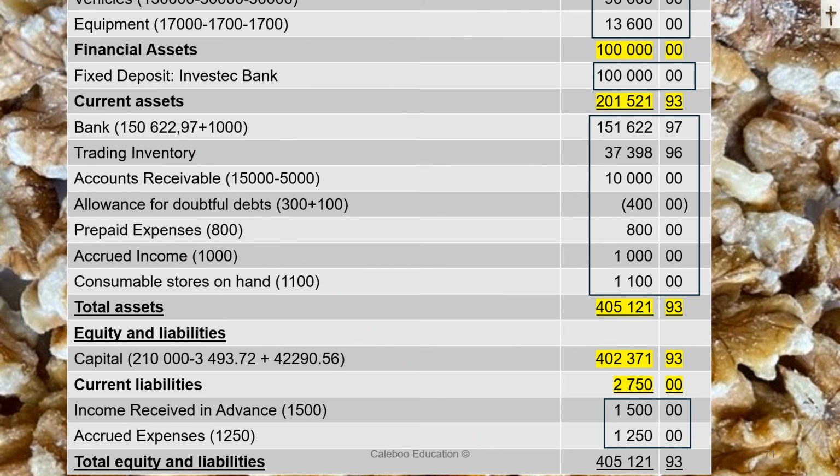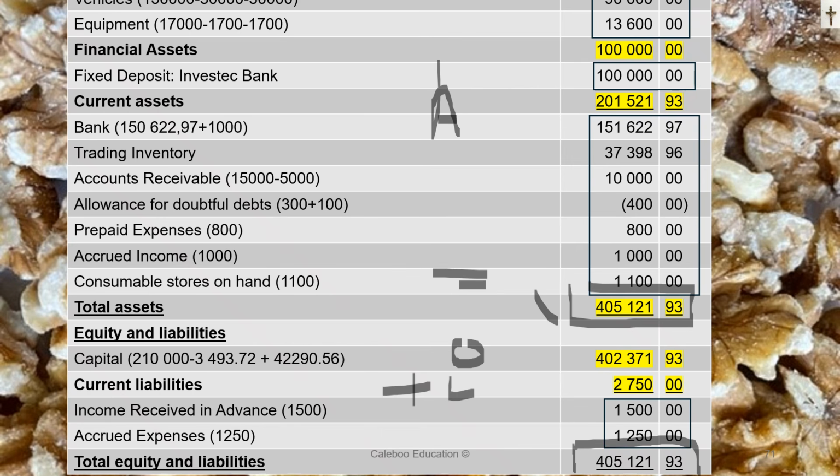Then if you want, you can add this up and see, because assets is equal to owner's equity plus liabilities.